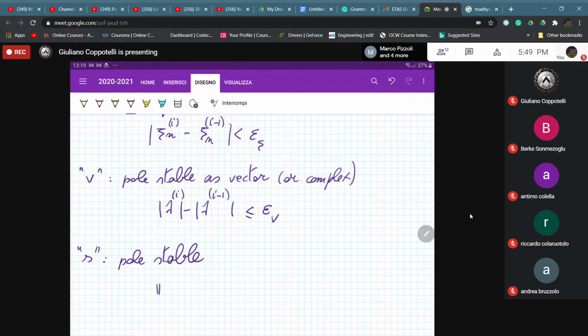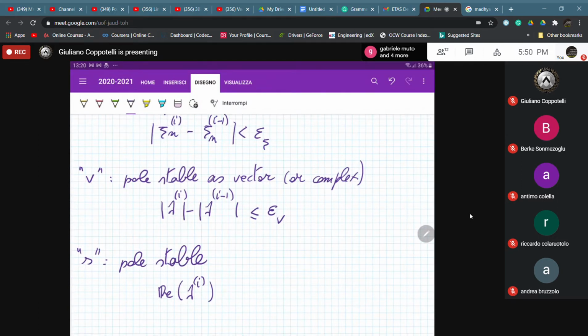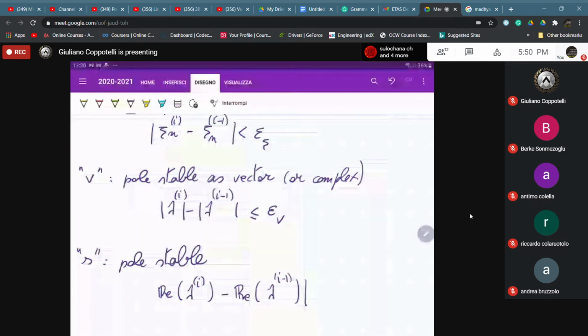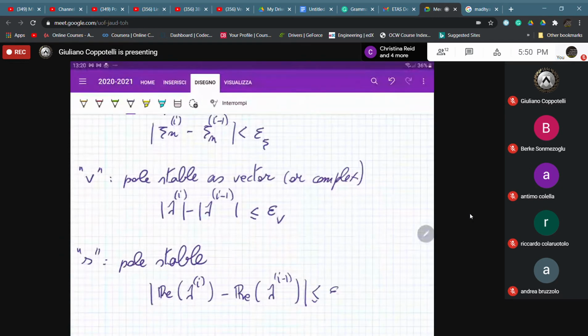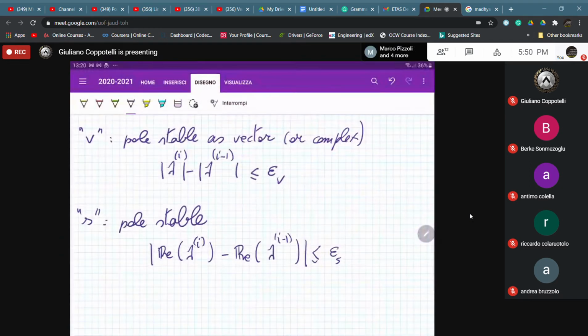So in our analysis, you consider the real part of the pole at the ith model order, then you compare that with the previous model order, and this should be less than the prescribed quantity, for example, S, and together, the imaginary part, the same.